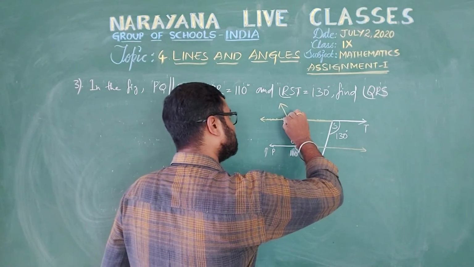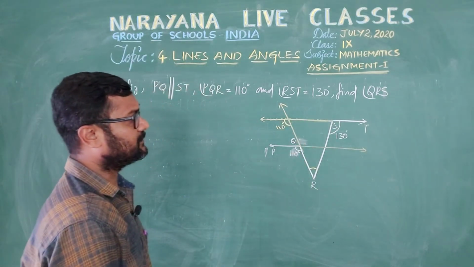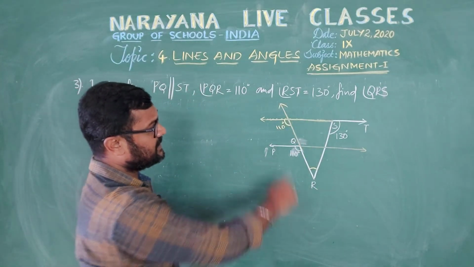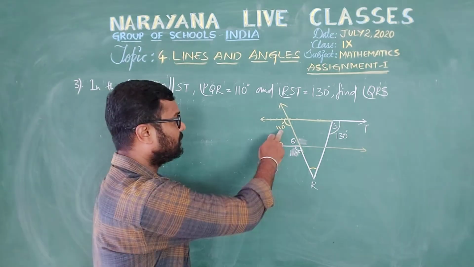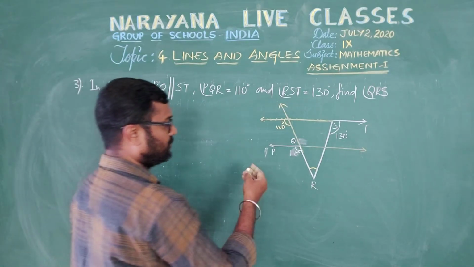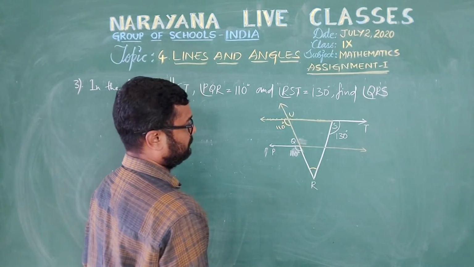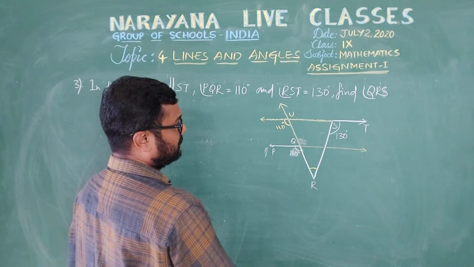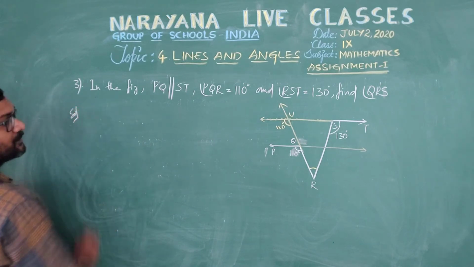So now this will be what? 110 degrees, isn't it? So when this is 110 degrees, now let's take this point as U, isn't it? Now write down the solution here.